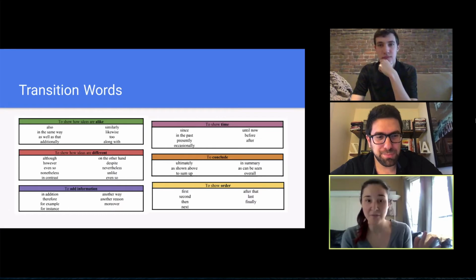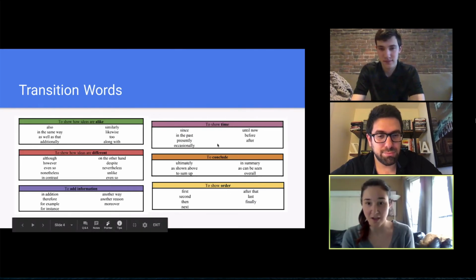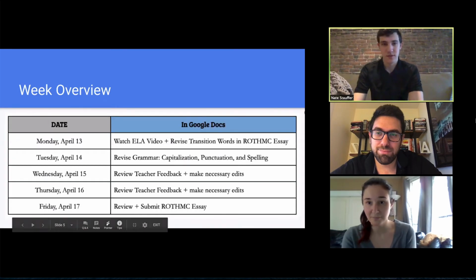The body paragraphs should be clear around whether or not you're talking about similarities and differences, or you're introducing parts of your essay. And then your conclusion needs to sound like an ending. So you need to make sure that the reader knows that you're wrapping up all of your ideas and that you're finished with your thoughts.